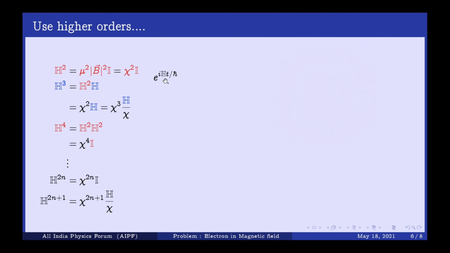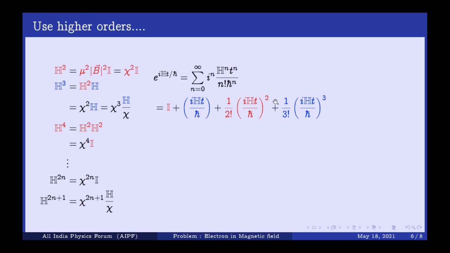Calculate the exponential of this Hamiltonian, and this can be defined in this manner. So let us break it down. So first term will be identity, and trivially the second term will be i Ht over h cross, and as you proceed further you will find 1 upon 2 factorial i Ht over h cross whole square, and so on.